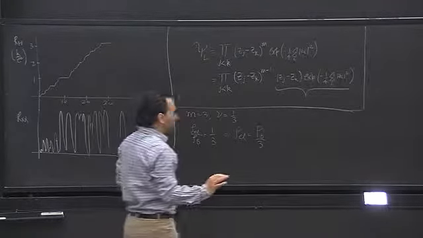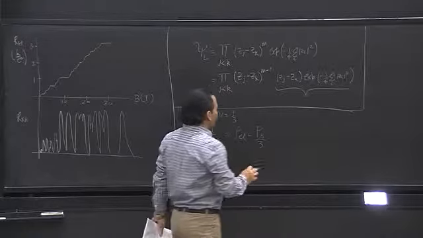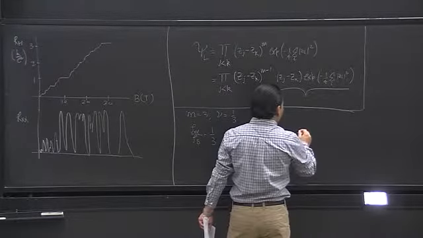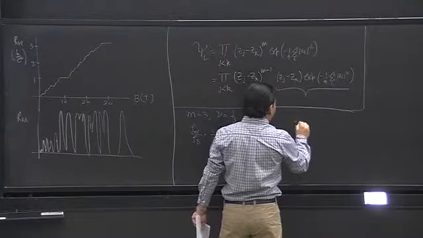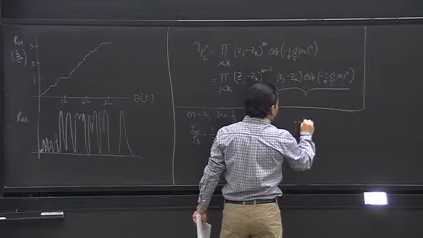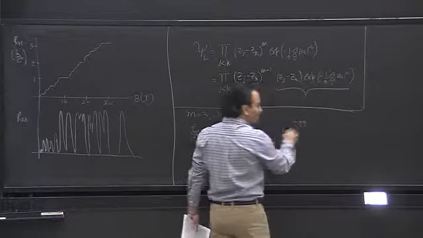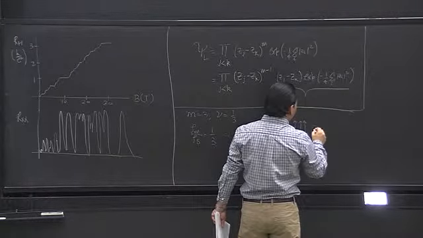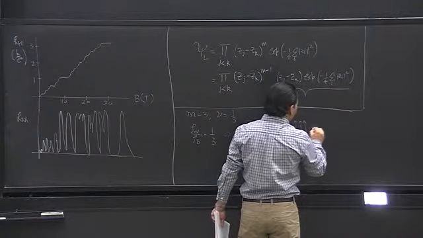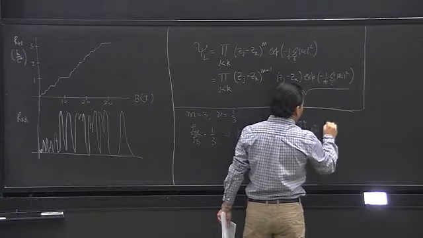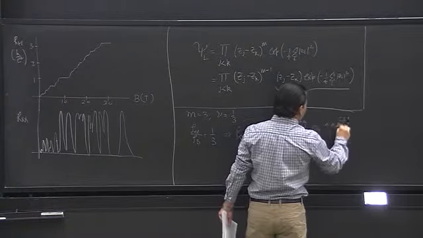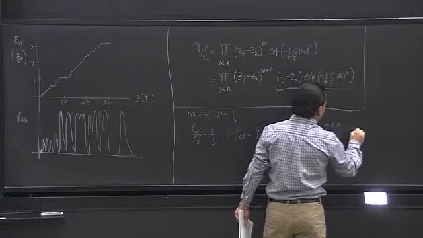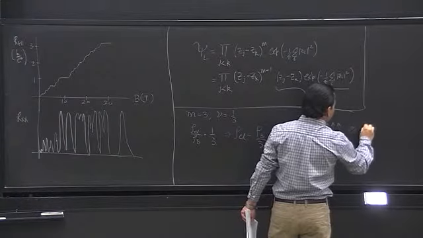That's what this filling factor means. So you can think of this in the following way. I'm drawing by these arrows flux quanta. For every 3 flux quanta, you have an electron, and so on.